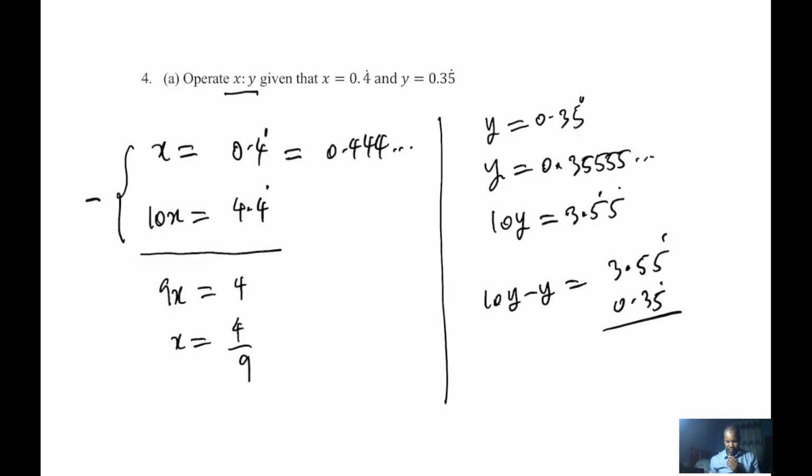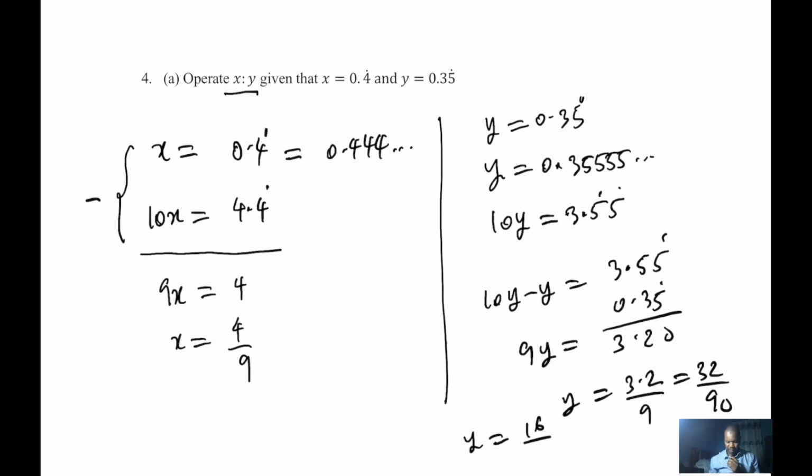So 5 minus 5 is 0, 5 minus 3 is 2. You have 3.2. On the other side, you have 9y, dear students. So y will be 3.2 divided by 9, which is actually 32/90. You simplify it further, and you get y equals, by 2 will be 16, by 2 will be 45.